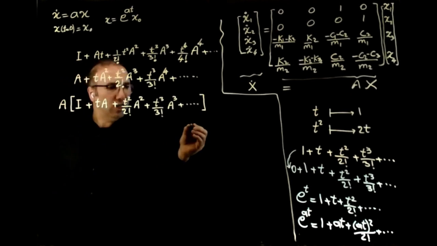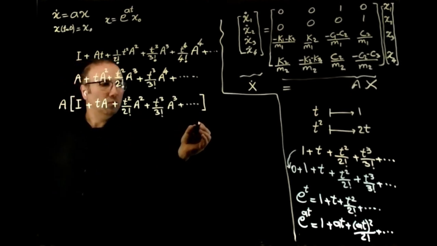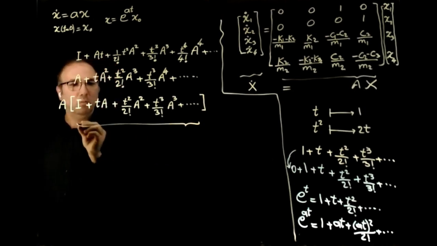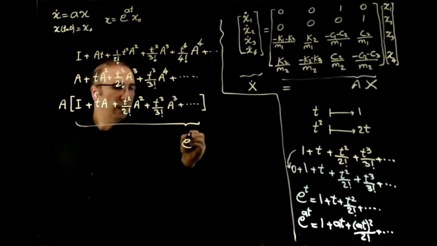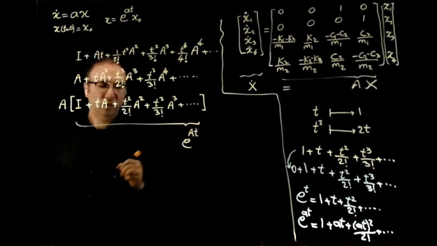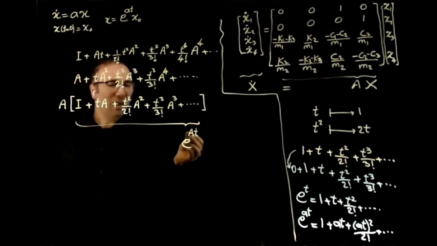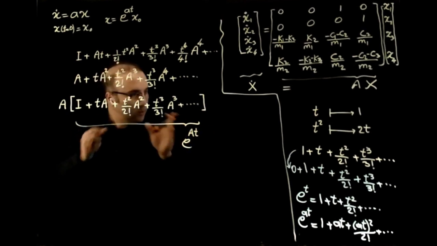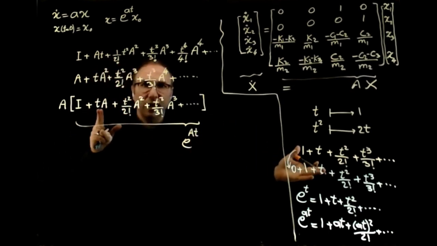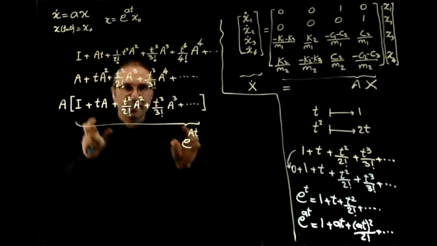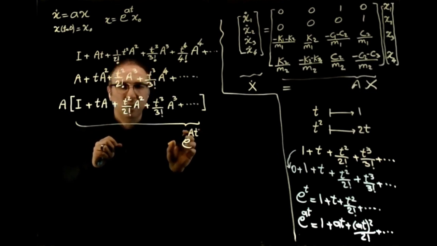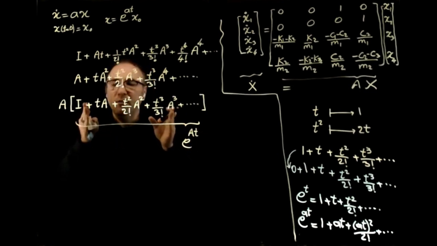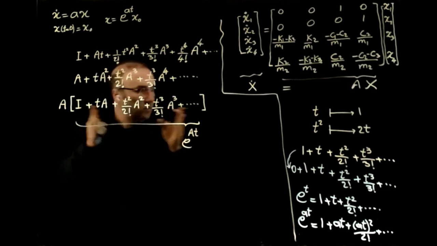Now we can call this e to the power of At. This is a matrix, e to the power of a matrix. This is like a shorthand. It doesn't have any meaning to have a number to the power of a matrix, but you see, it is the same thing. So we generalize the notion of exponential so that it can be applied even to matrices, because this is the same as that.